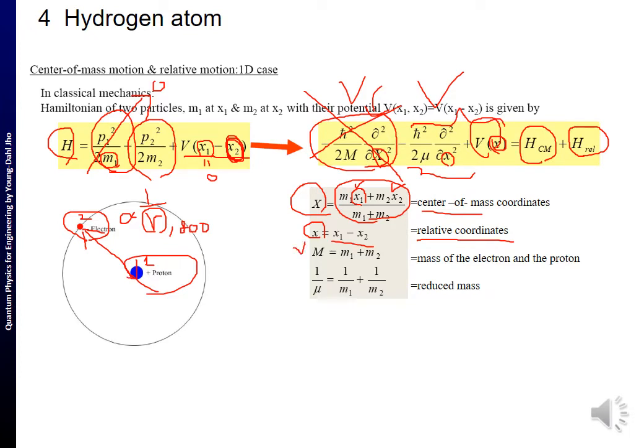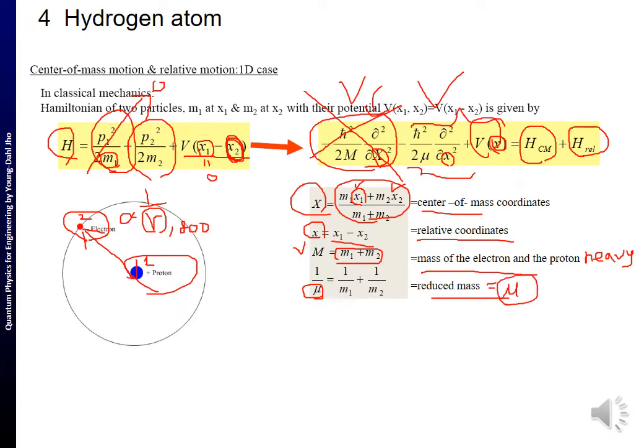And the mass, large M, is M1 plus M2. It can be named as the mass of the center of mass coordinate, and actually M1 is the proton mass, M2 is the electron mass, so you can also say it is the mass of the electron and proton. It will be very heavy, right? And the reduced mass is mu.